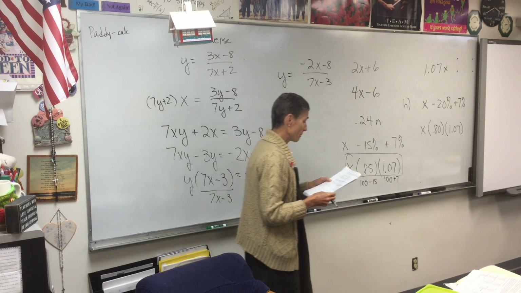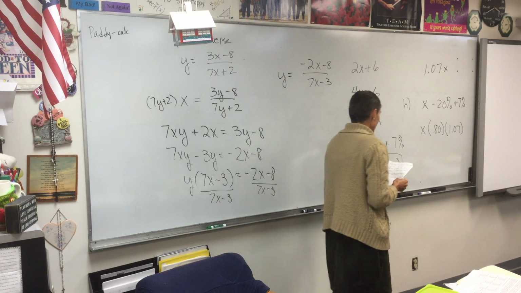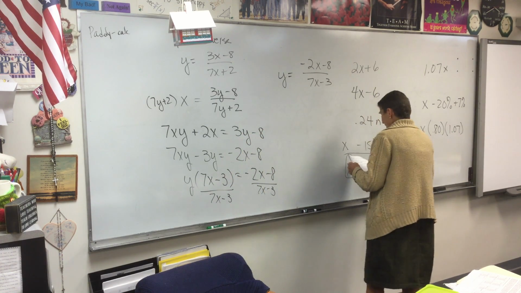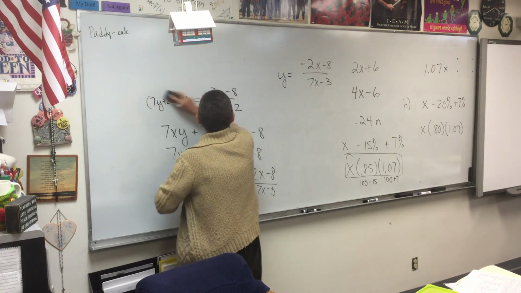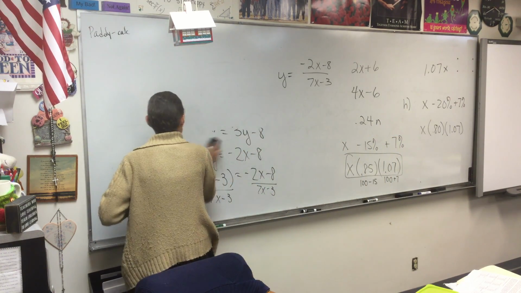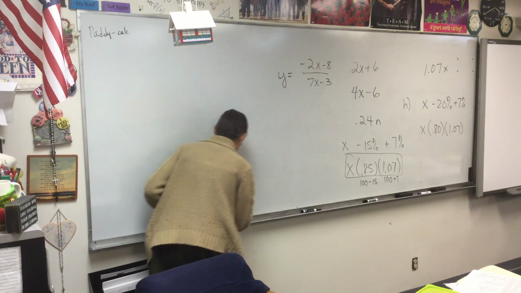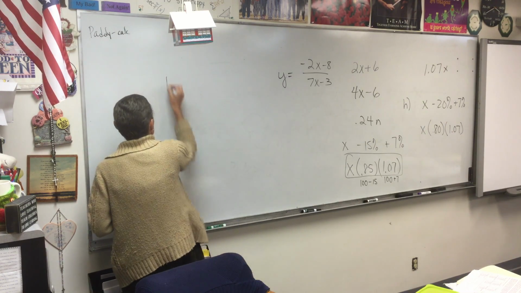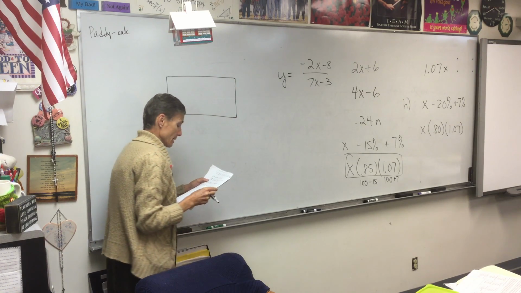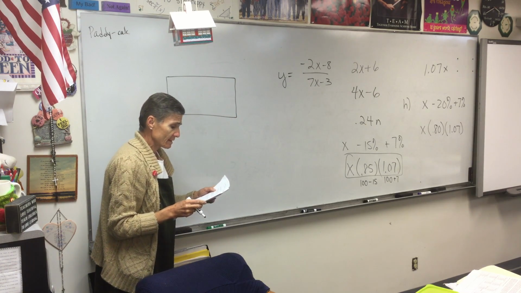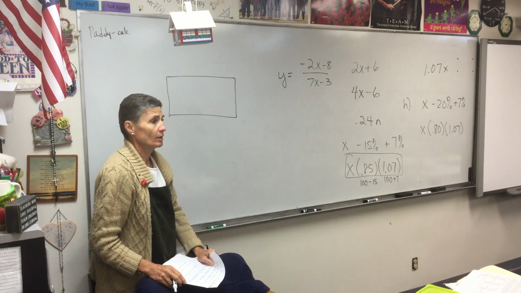All right, let's finish up F and G. They're a little bit different. The area of a rectangle whose width is 3 less than its length. Okay, now wait, I'm gonna draw a picture. There's my rectangle. And it says the width is 3 less than the length.